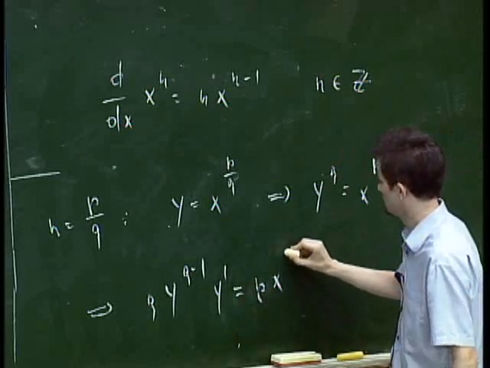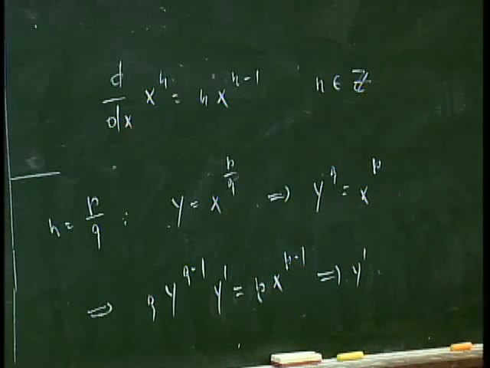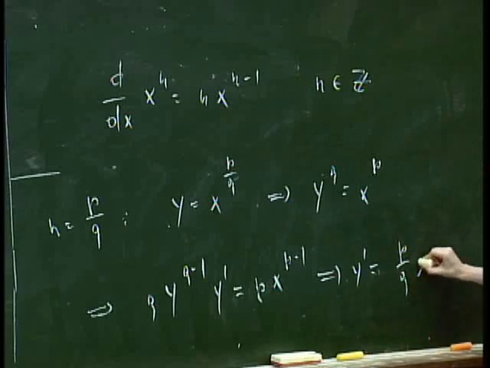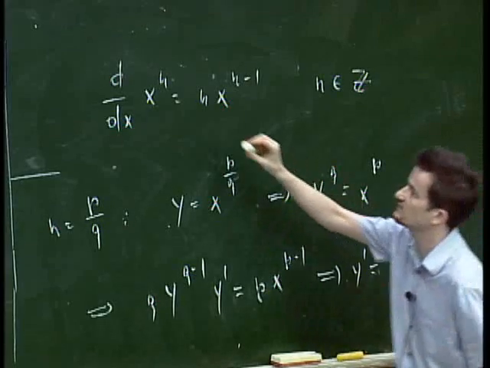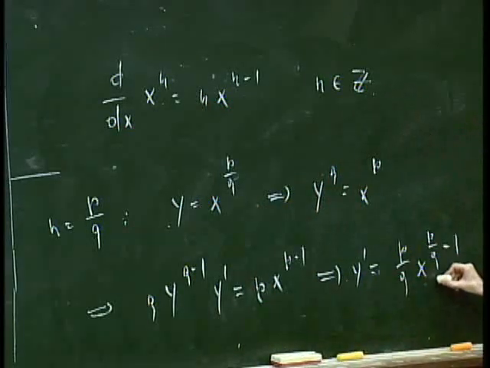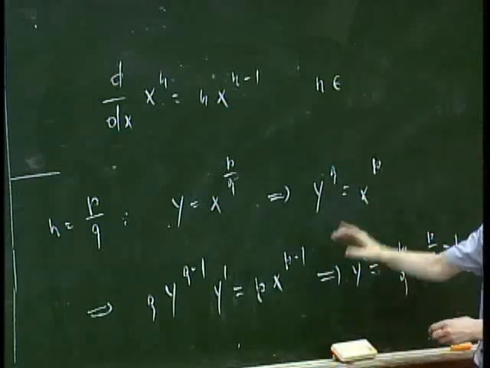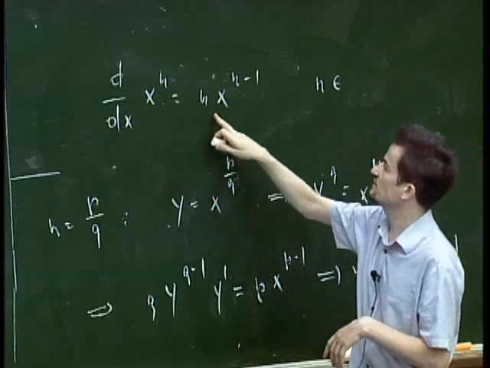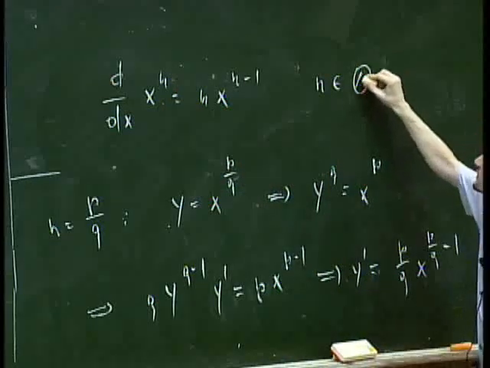So you see that the derivative of y is equal to p over q times x to the p over q minus 1, as I have claimed already, because I said that this rule actually holds for all real numbers. But you see, now this proves the case where n is a rational number. So we have proved now that the derivative of the function x to the n is equal to n times x to the n minus 1 for all rational n.